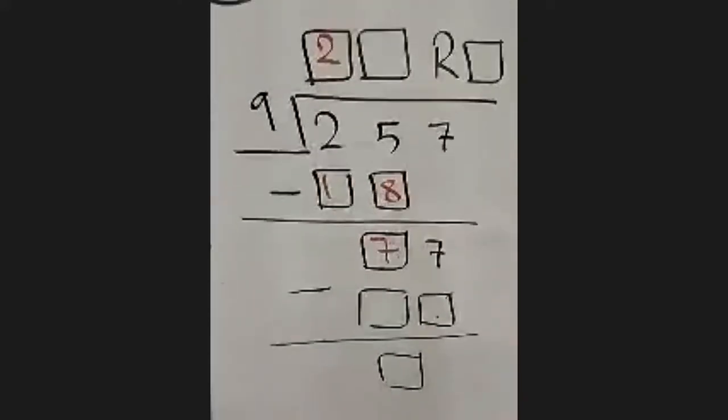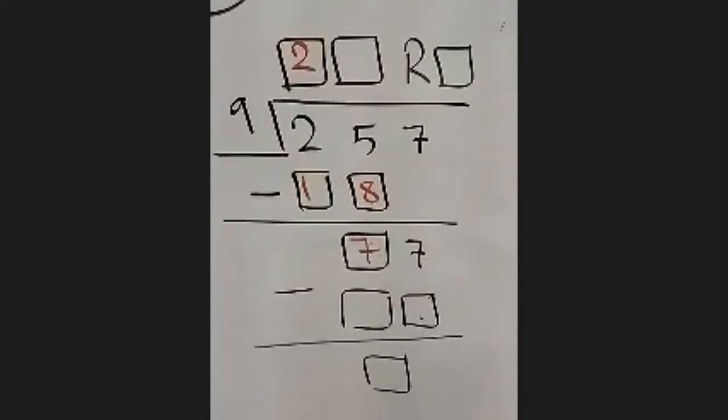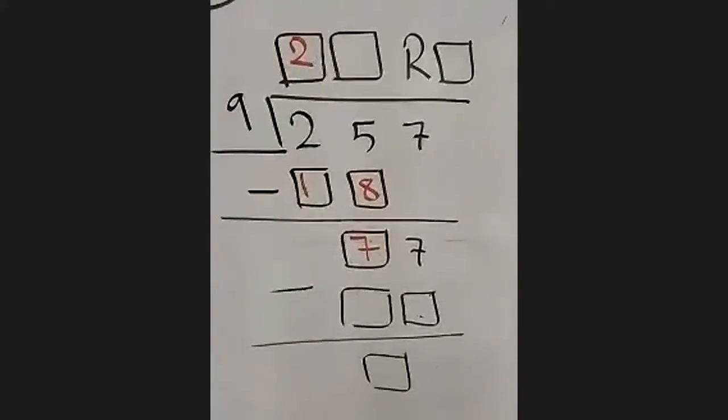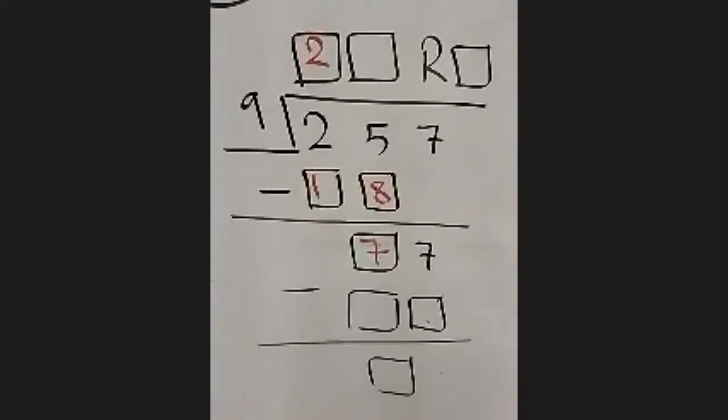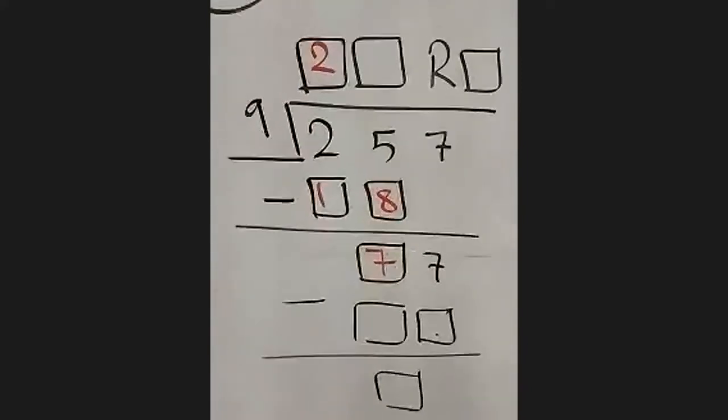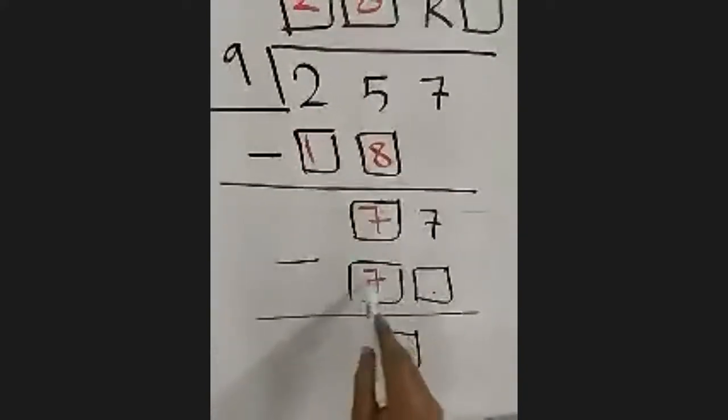What will we do? We will put the 7 down. 77 divided by 9. 8. 8 times 9 is 72.